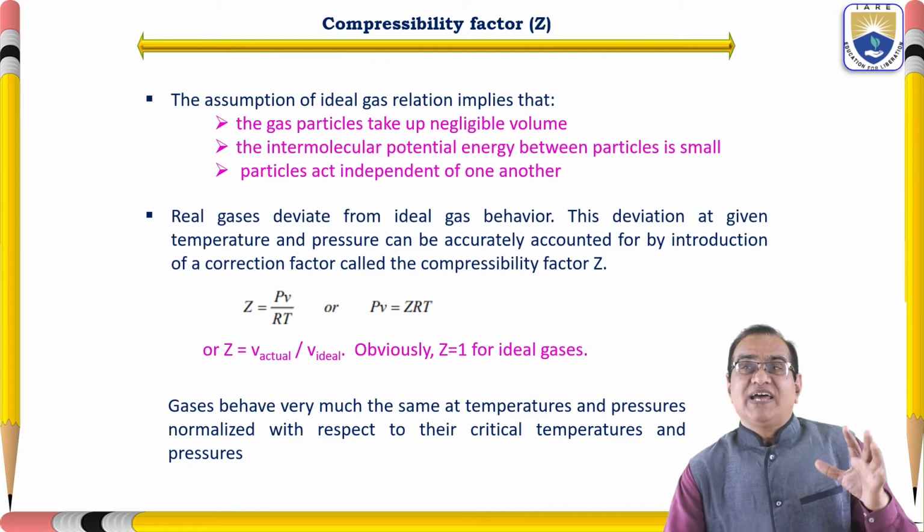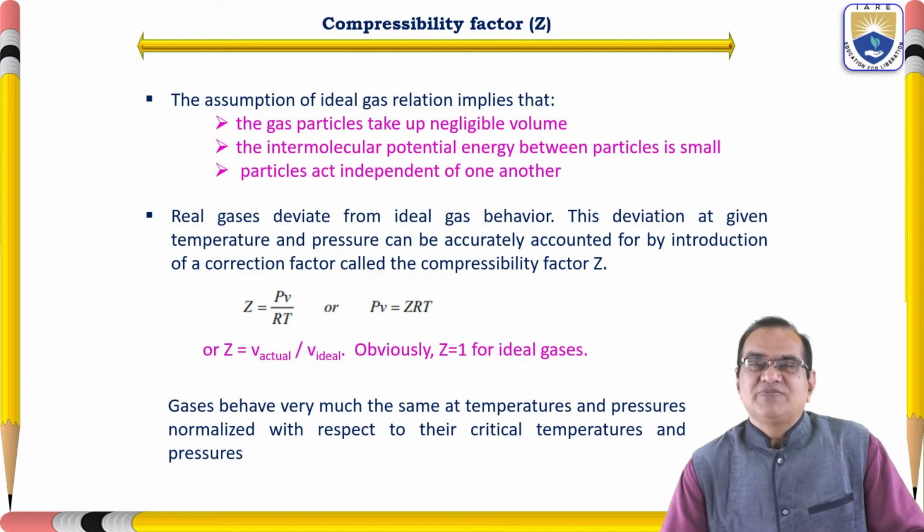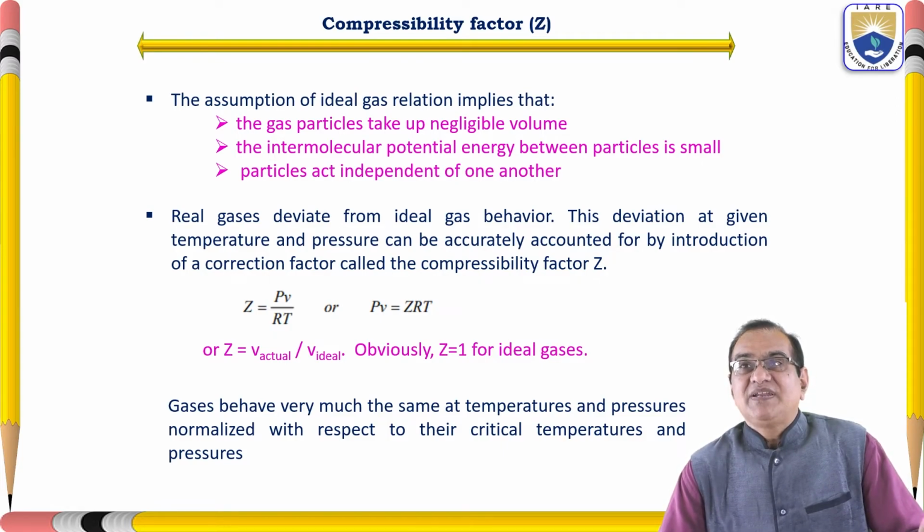So for the ideal gas, what we have assumed is that the gas particle takes up a negligible volume. The intermolecular potential energy between particles is very small. Particles act independently of one another. These are the few assumptions we have to take for an ideal gas.